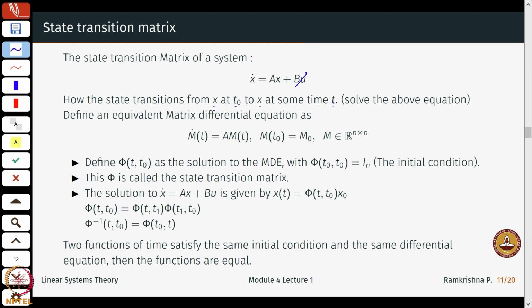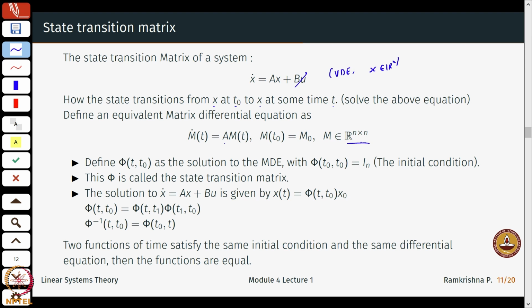Essentially, I am looking again at solutions of the differential equation. Let me first define an equivalent matrix differential equation. This was my vector differential equation, because x was in R^n. This is a matrix differential equation, where M dot is A M of t, A is again an n cross n matrix, and M now also has a matrix representation.